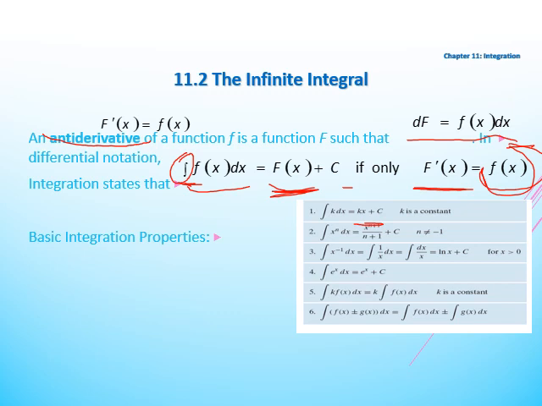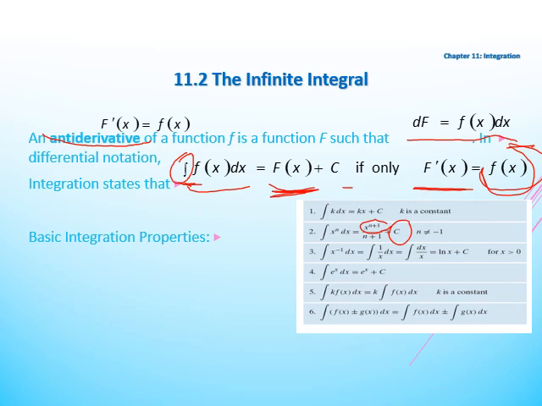Also, if we have an integration for a variable to the power n, such as x to the power n dx, it is equal to x to the power n plus 1, divided by the power, which is n plus 1, and adding our constant, because in differentiation the derivative of any constant is equal to 0. Here we add the constant to take care of the constant values.